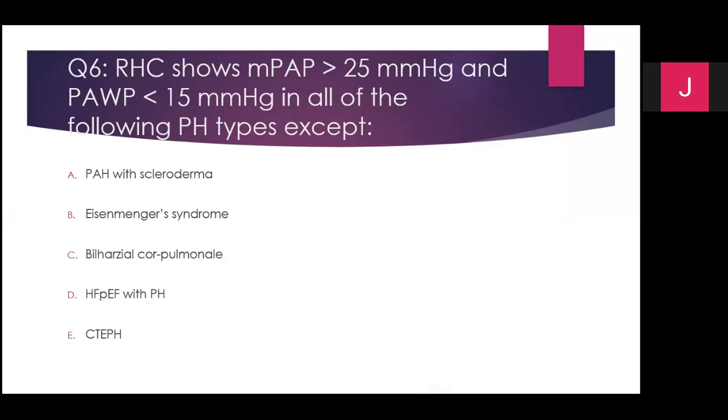If the right heart cath showed a mean pulmonary artery pressure more than 25 millimeter mercury and pulmonary artery wedge pressure less than 15 millimeter mercury, this can be found in all the following types except: A, pulmonary arterial hypertension with scleroderma; B, Eisenmenger syndrome, secondary to persistent left-to-right shunt and reversal of the shunt; C, bilharzial cor pulmonale; D, heart failure with preserved ejection fraction complicated with pulmonary hypertension; or E, CTEPH.